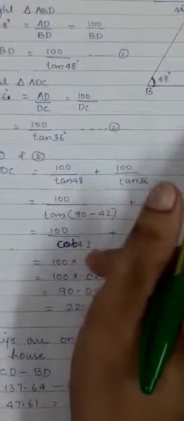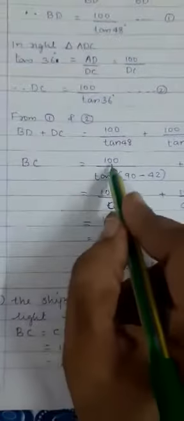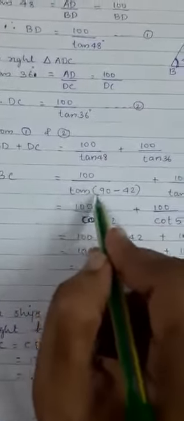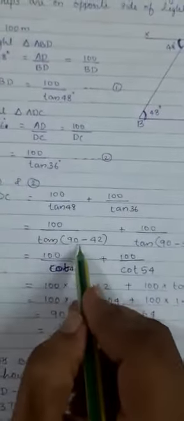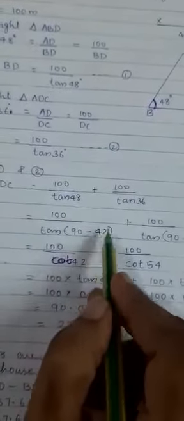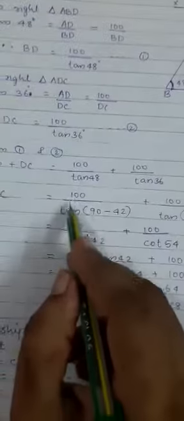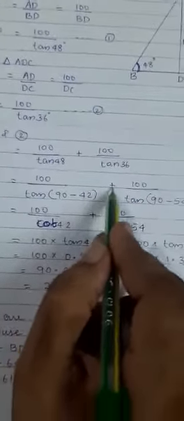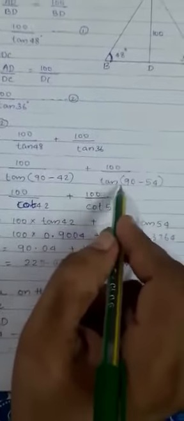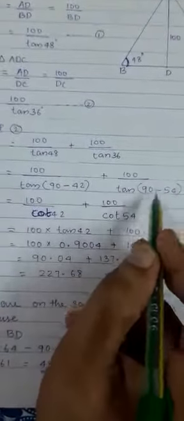BD plus DC is equal to BC. That is, BC is equal to 100 divided by tan 48, you can write 90 minus 42. 36 you can write 90 minus 54. So this is 100 divided by tan 90 minus 42 plus 100 divided by tan 90 minus 54.